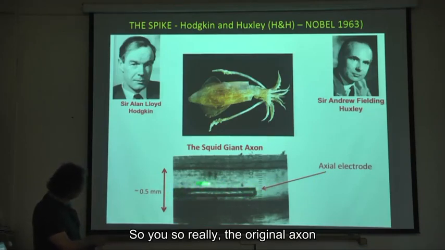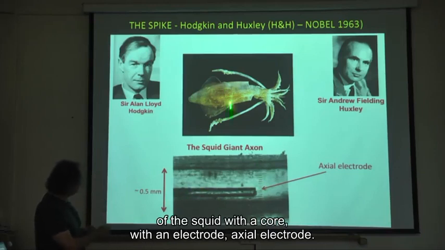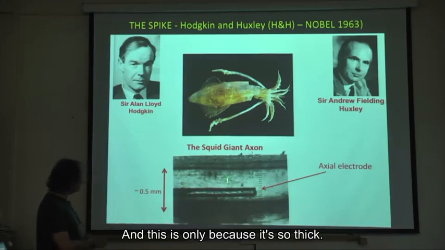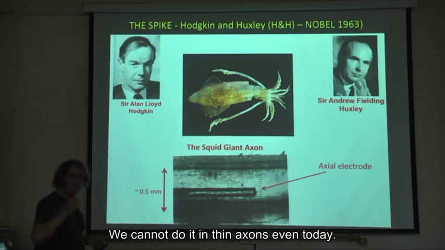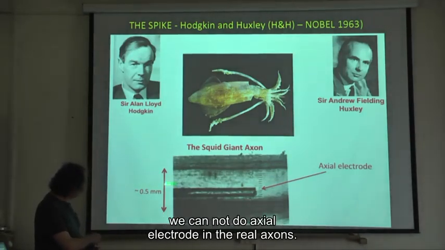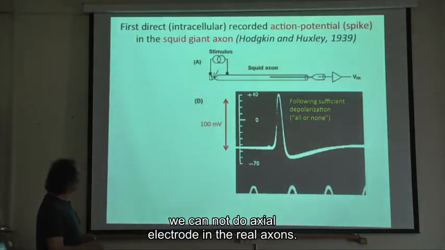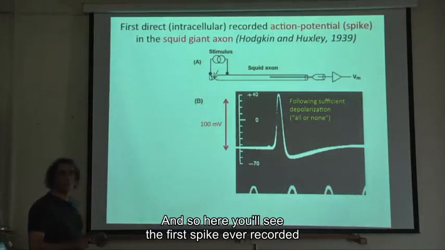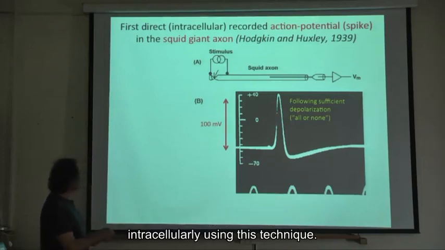So you see really the original axon of the squid with a core, an axial electrode. And this is only because it's so thick. We cannot do it in thin axons even today. We can penetrate thin axons with an electrode, but we cannot do an axial electrode in real axons. And so here you see the first spike ever recorded intracellularly using this technique.